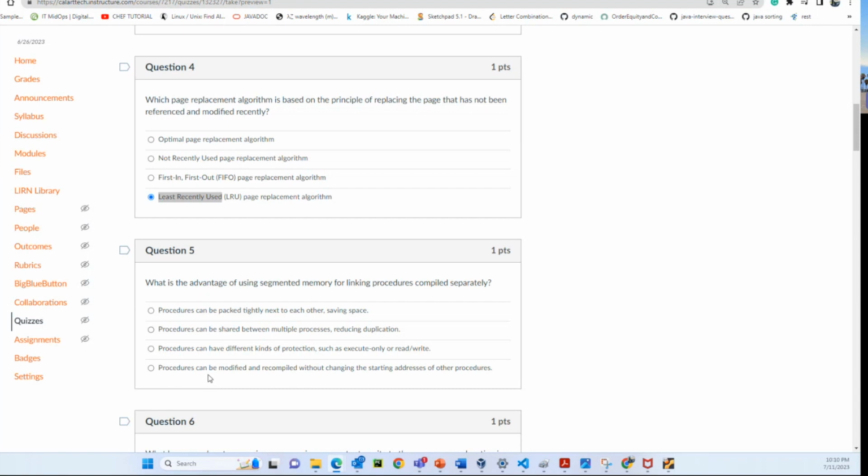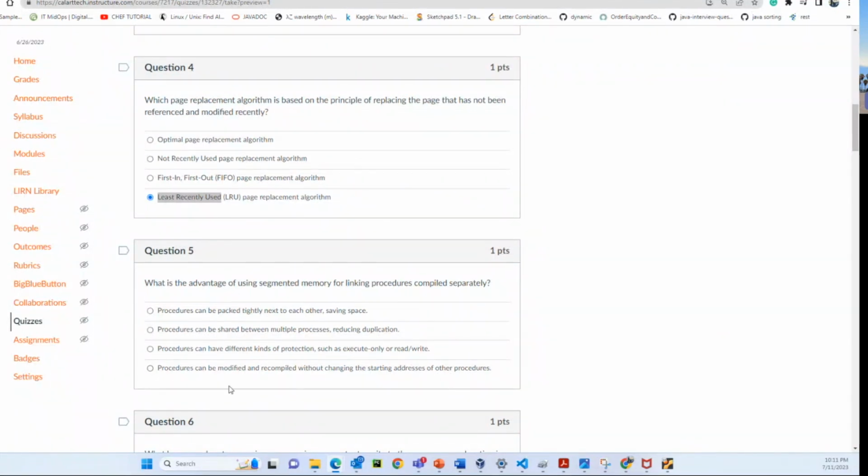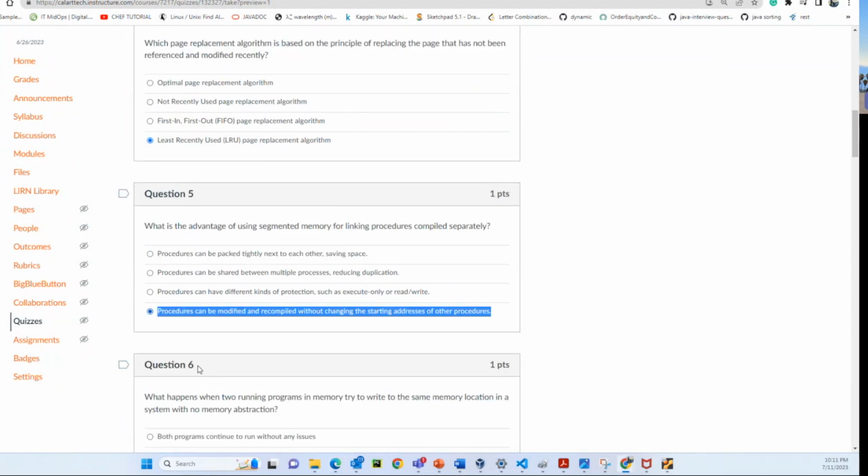So you can recompile. You don't have to specify any particular location. Procedures can be modified and recompiled without changing the starting address or other procedures. It will adjust. So the last answer is the correct answer.